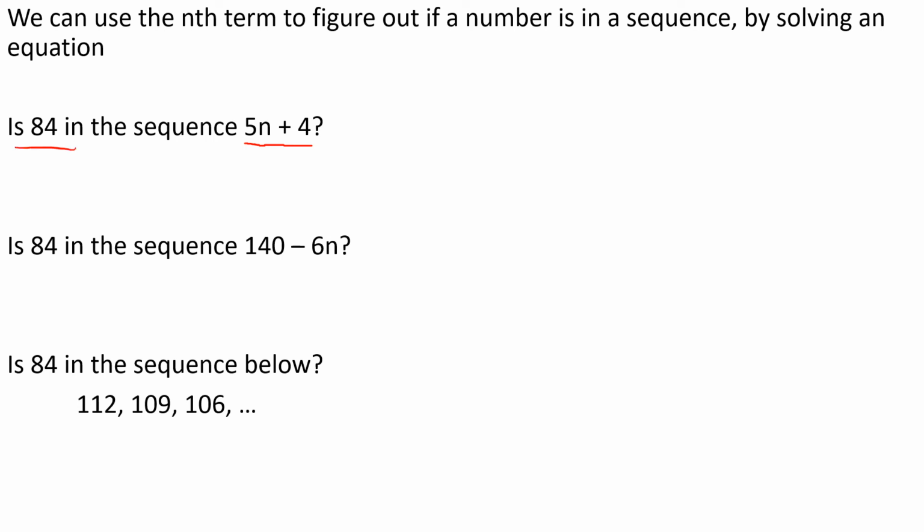So I set up an equation. I say, well, what if 5n plus 4 was equal to 84? Does this work? How do I solve this sort of thing? Well, I want to take away 4. And that would give me just that 5n is 80. And then I want to divide by 5. And that would give me that n is 16.